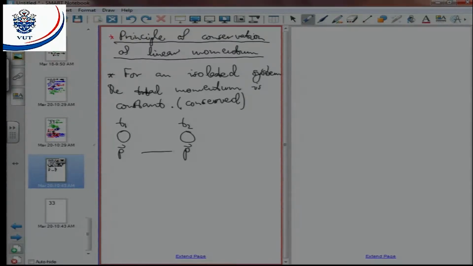So the momentum doesn't change, even though the time changed. So that's the conservation of momentum. But how do we write the equation? We say momentum before, so I'll use a small b as a subscript, equals the momentum after. And this is a general rule, so it's always true.